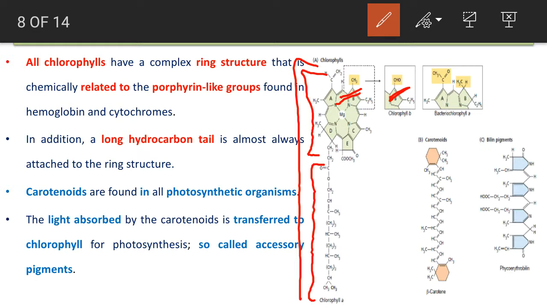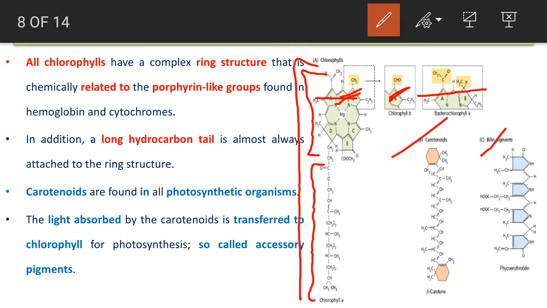But for bacteriochlorophyll there is much more difference, because this much portion has different bonding.